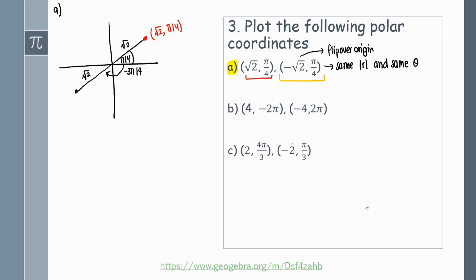So this point has the same length, but it's flipped into quadrant 3. This is the point minus root 2, comma, pi on 4.